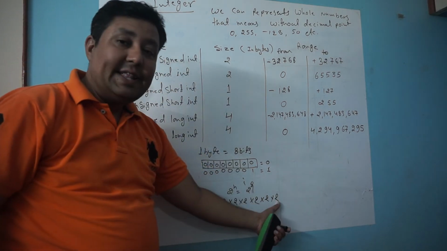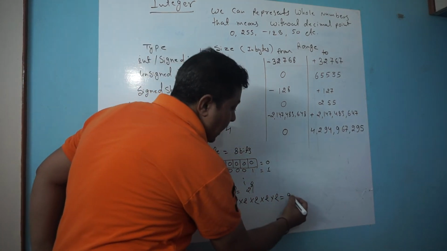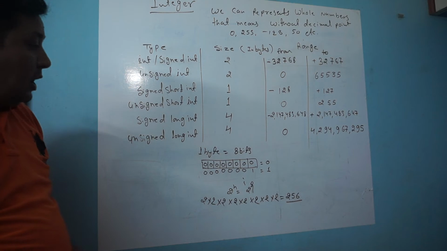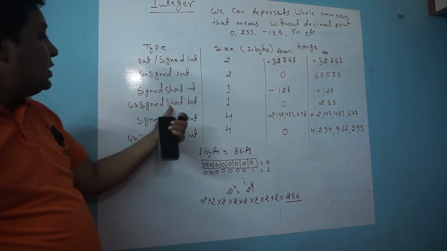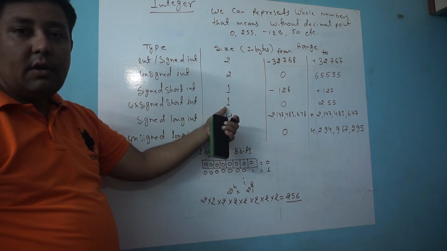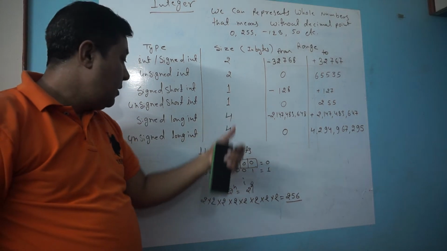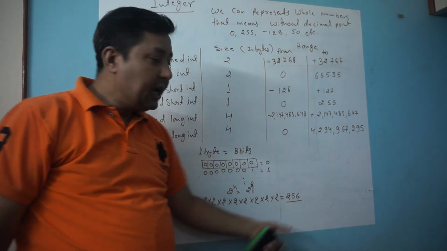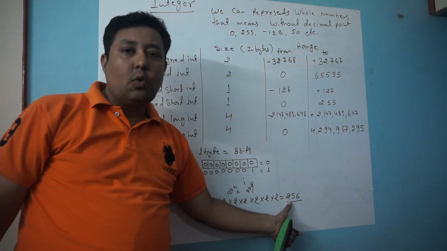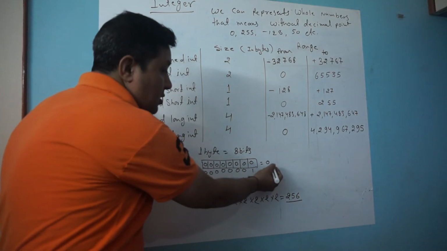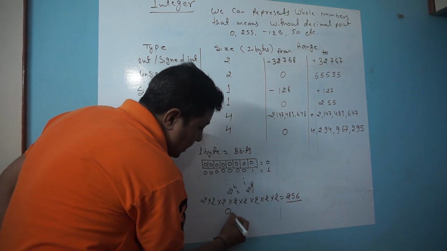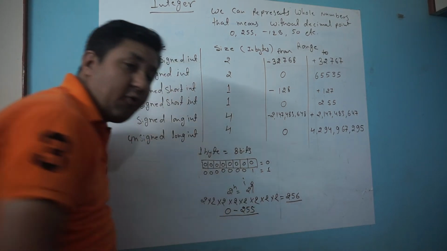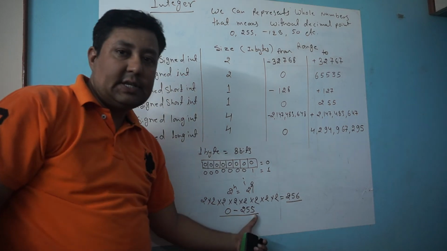If we calculate this, we get 256 as the result. So if we are taking unsigned short integer which takes 1 byte of memory, then we can express a maximum of 256 numbers. That means it includes 0 also. So it starts from 0 and ends with 255, and the total amount we can express is 256.